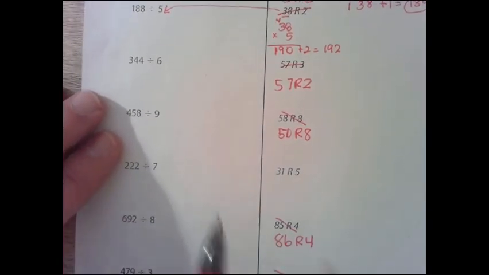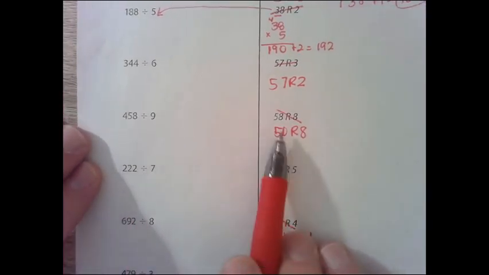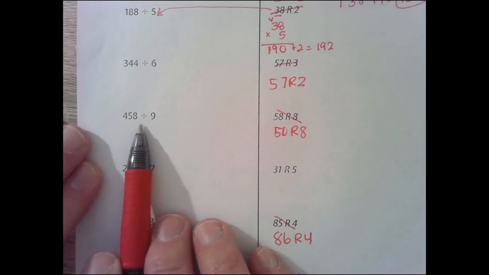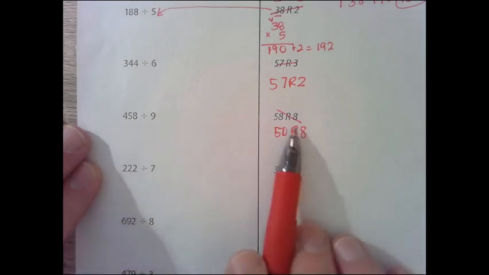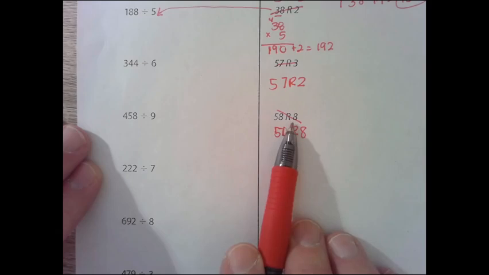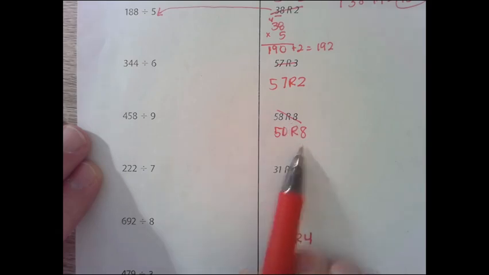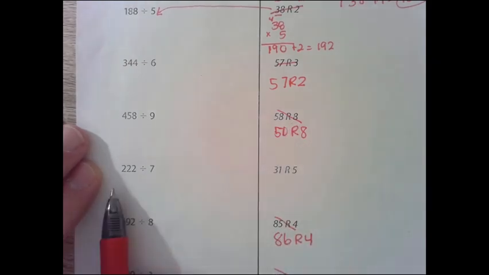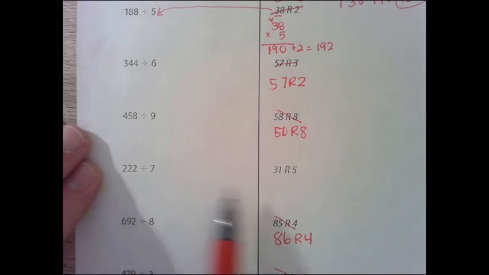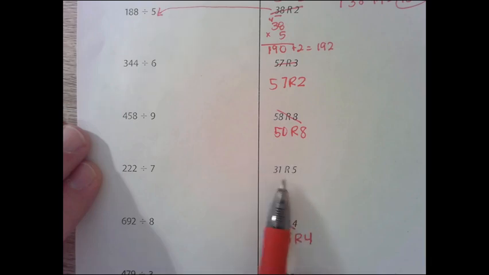If we went down through the sheet, what you should have seen was that when we did 458 divided by 9, it was not 58 remainder 8. It should have been 50 remainder 8. For 222 divided by 7, the answer there is 31 remainder 5. That was the correct answer, so you didn't need to do the division there.